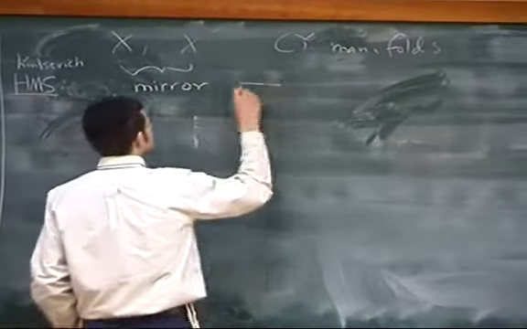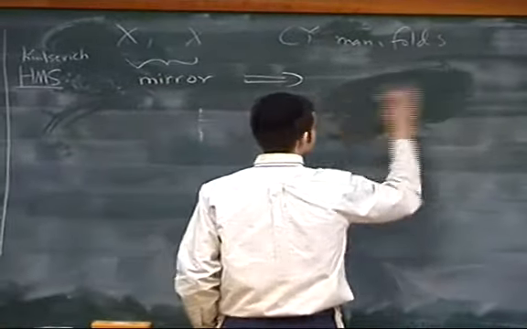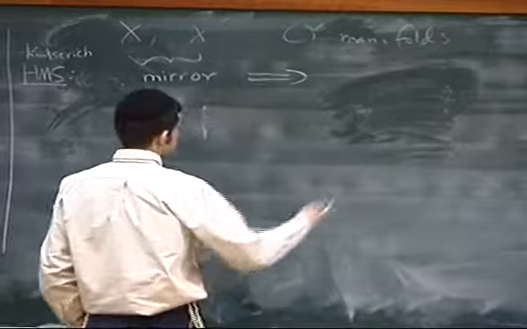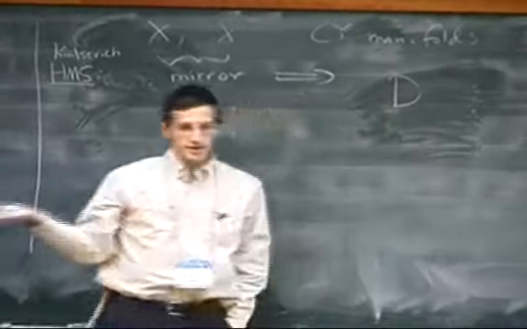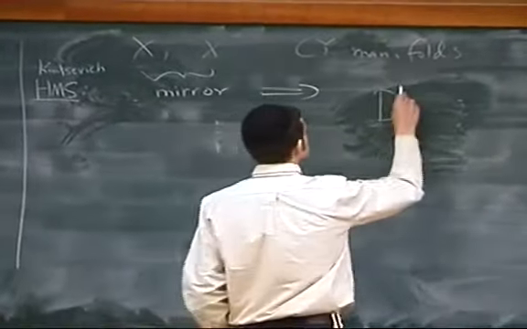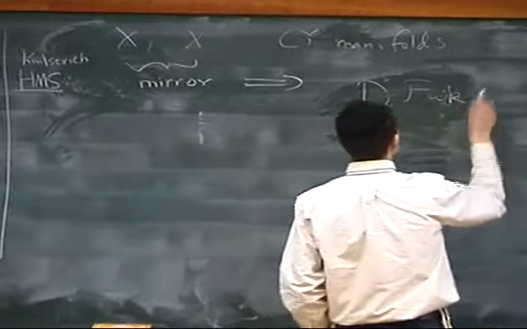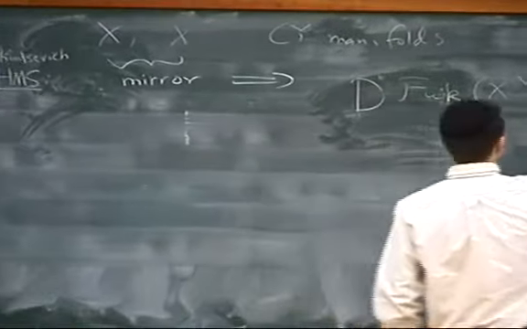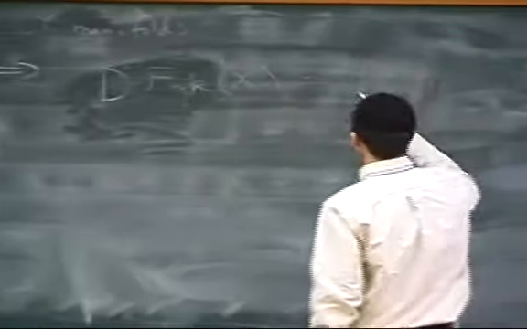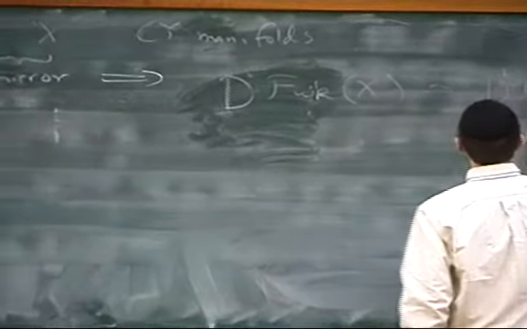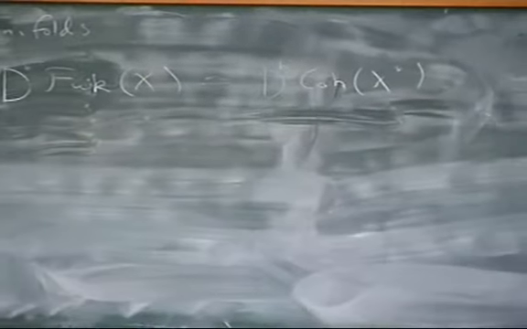Then one should expect that there's some kind of equivalence of derived categories. So in particular, the derived Fukaya category of X should be equivalent to the derived category of coherent sheaves on X check. Okay, that's as much as I'm going to say about that. So don't worry about the actual definition of these categories. I don't really need very much about it.